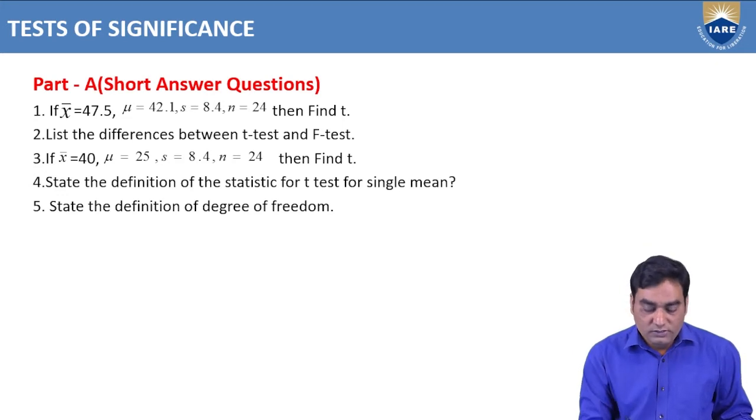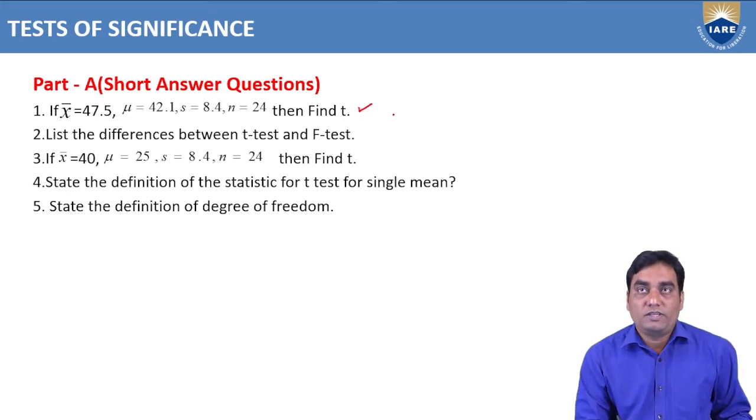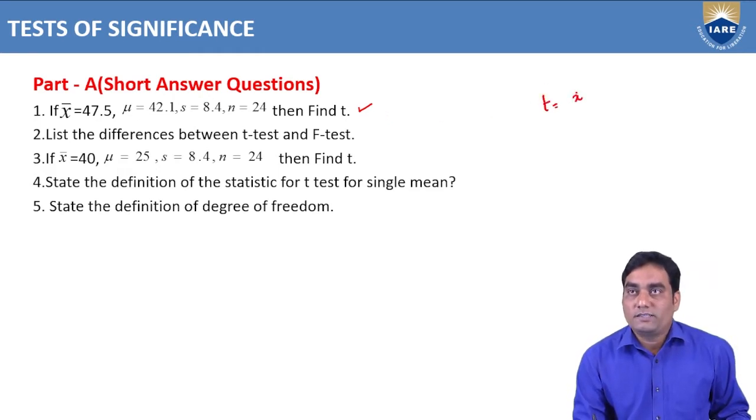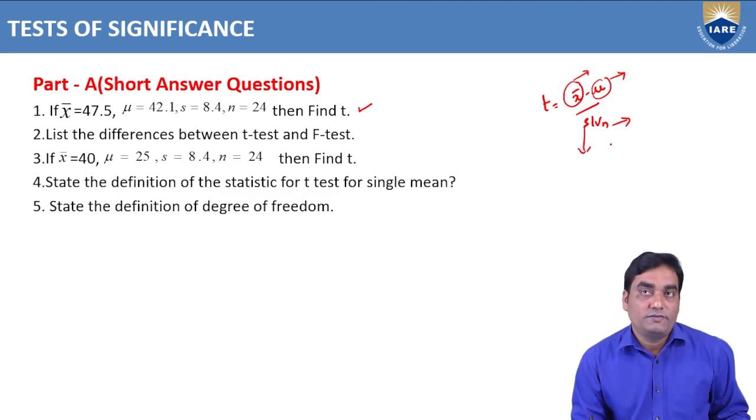The first question: x bar is given as 47.5, mu is given as 42.1, s is 8.4, n equal to 24. Then find t. So we can use the t-test formula. t equals x bar minus mu by s by root n, where x bar is the mean of the sample and mu is the mean of the population, s is the standard deviation of the sample, and n is the size of the sample.